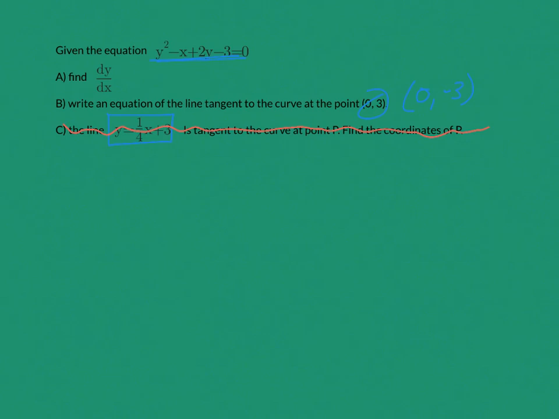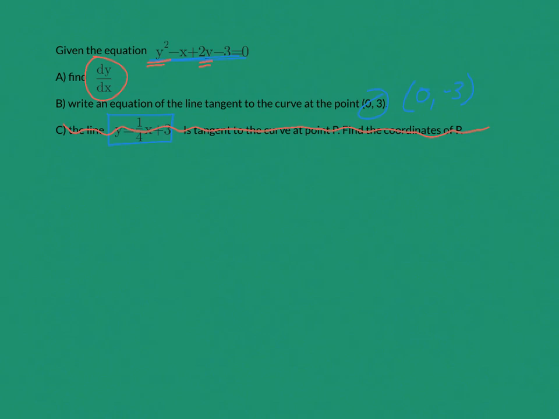Part A, the best part of this question, and most people did this very well, was finding the derivative using implicit differentiation. So we're finding the derivative of y with respect to x. Anytime we have something that doesn't have an x value in there, remember we have to put that dy/dx.